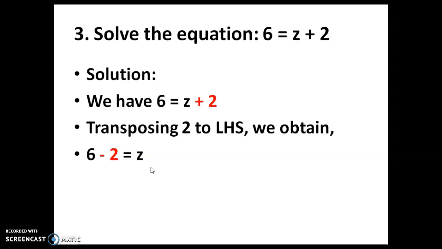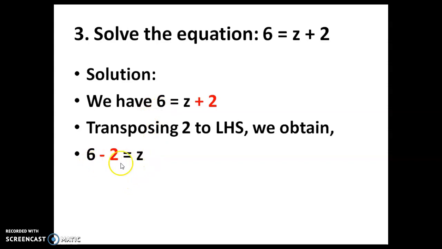What we did in the previous problem is a correct way, and this is also one more way. Both ways you can solve the equation, and you will get the same solution. In the previous method, we subtracted 2 on both sides, so this 2 gets cancelled and here you have 6 minus 2.